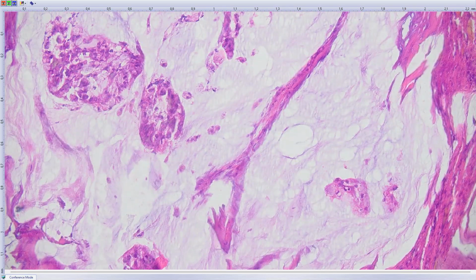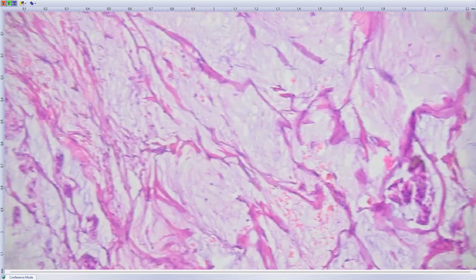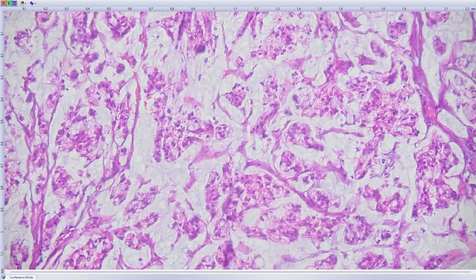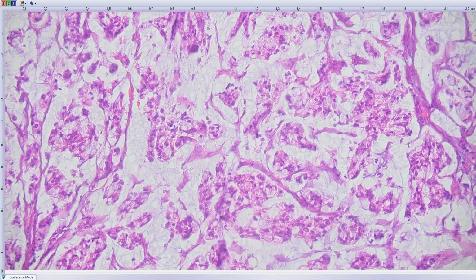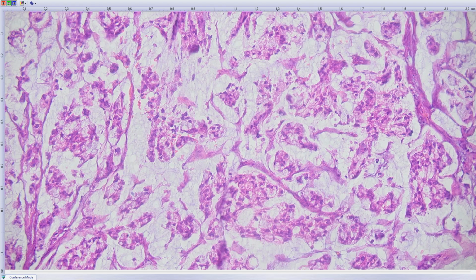And typical for these cases is that practically in all cases, these lesions are BRAF mutated, the typical canonical V600E mutation.